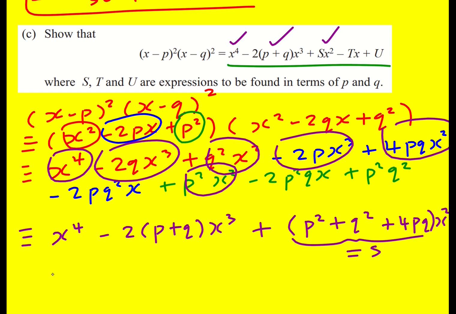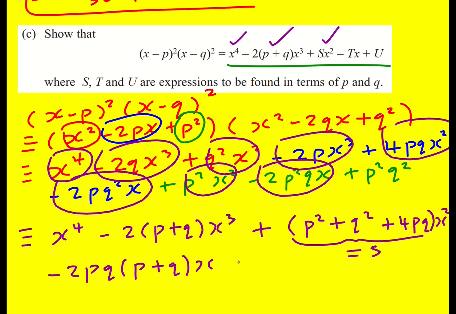I keep going, so then I'm going to get minus. I can factorize out the p and the q, so it's going to be p plus q x. If I bring this one together with this, and this bit here is going to be t. And then finally, it's plus p squared q squared, and that bit is going to be u.